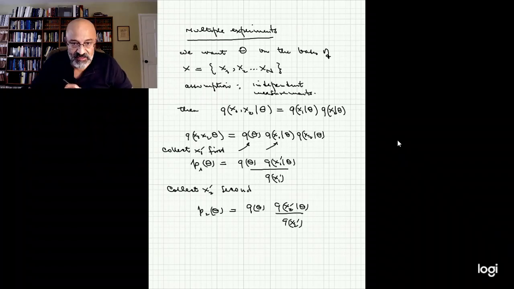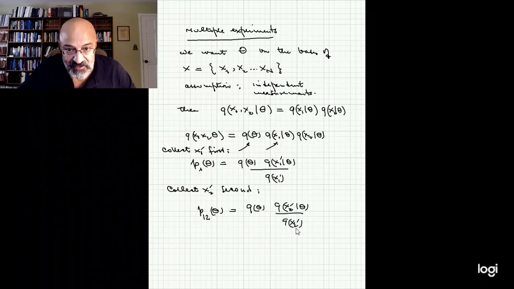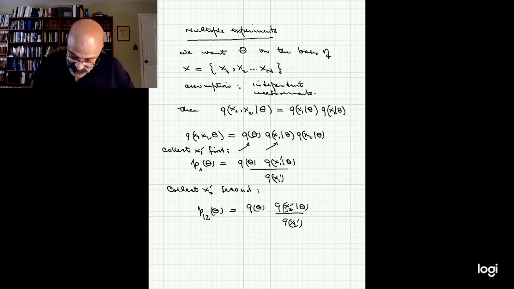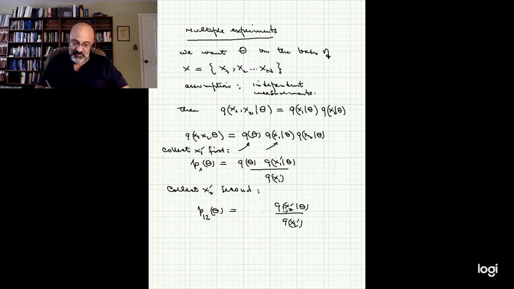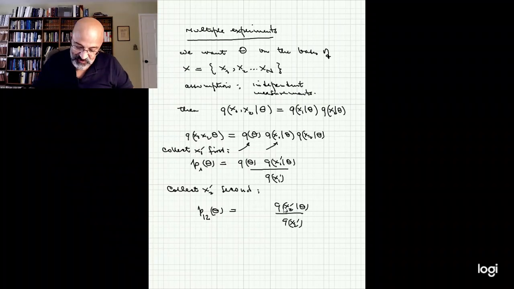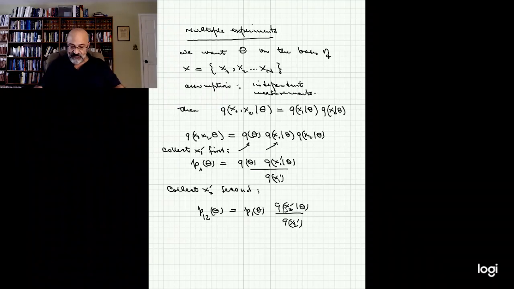And so now we process it again. When you collect x1 first and x2 second, look at what I'm doing here. What is the prior when you collected first and updated? Now the prior here is going to be theta 1. And that's it.